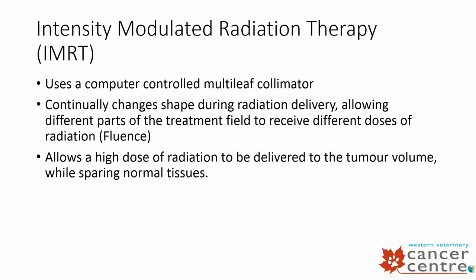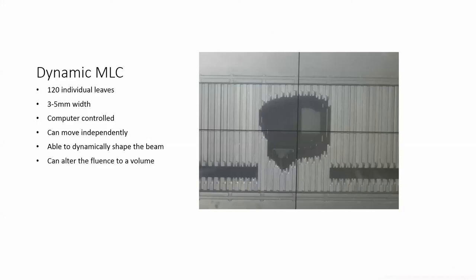As I mentioned, for conventionally fractionated protocols, I guess old school protocols, the dose of radiation that was delivered to normal tissues is where the vast majority of the toxicity comes from. So our ability to decrease dose to normal tissue should also decrease the radiation toxicity that we have to deal with.